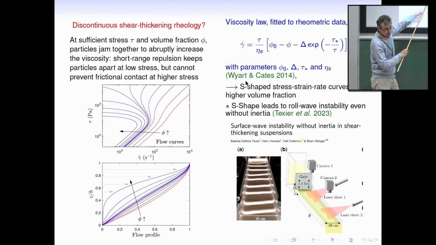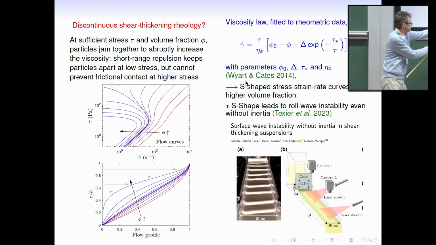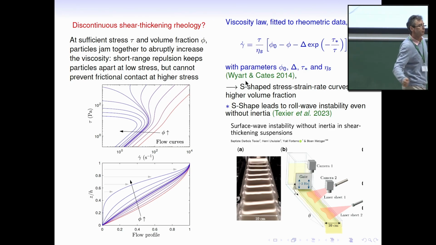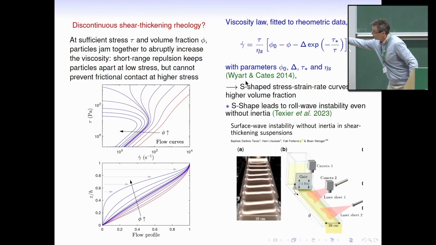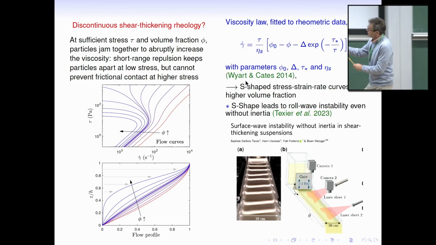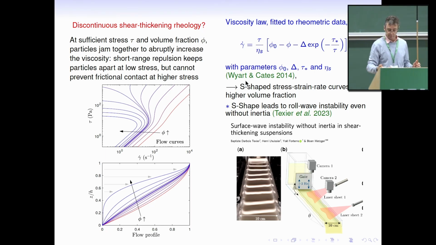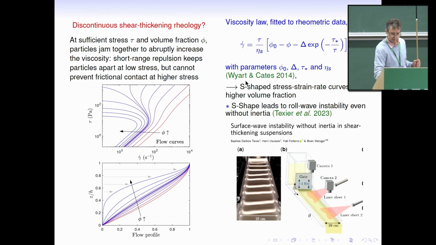At some point you reach a location close to here, all of a sudden it really thickens up, so the bottom of the fluid becomes arrested. Then you get this kind of localization of flow to the top. So that's what's going to happen for the mean flow. But Texier et al. pointed out that this could also be the source of the instability which generates those waves. That's their own version of the experiment.